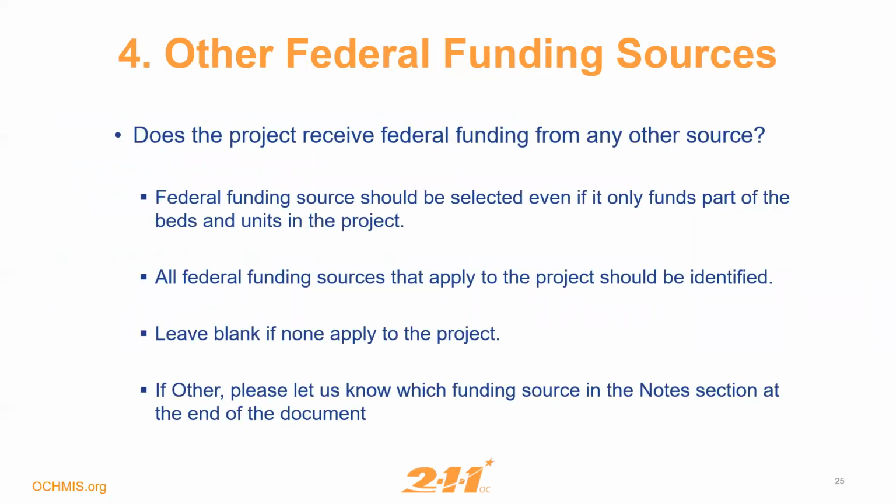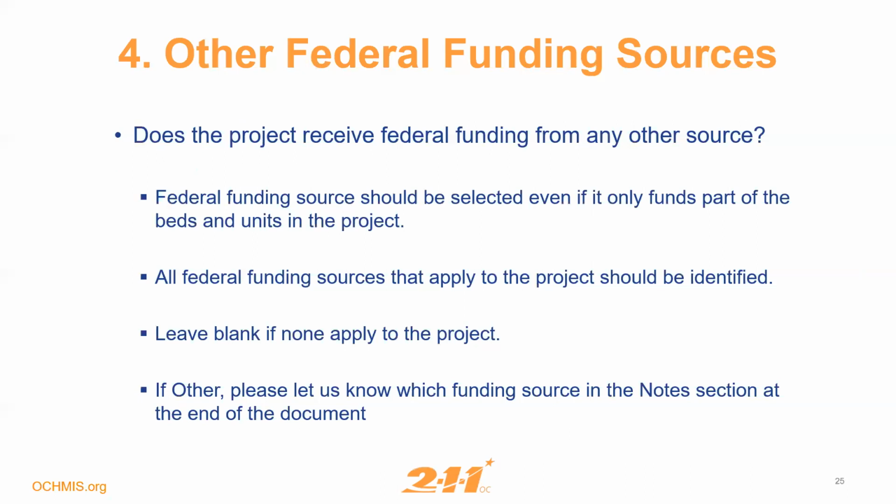Then we also want to know about your other federal funding sources. If your project receives federal funding from any other source, the federal funding source should be selected even if it only funds part of the beds and units in the project, and you should select all federal funding sources that apply for the project. If you do not receive any other federal funding source, you can just leave this blank.